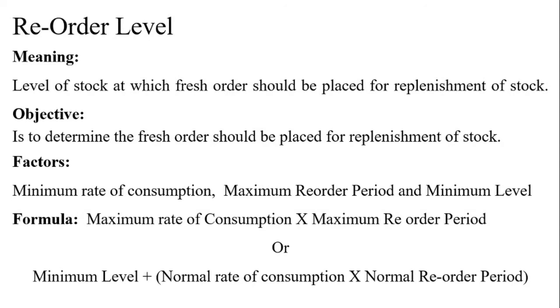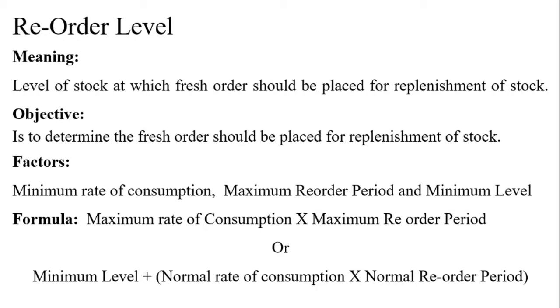Now we will see the reorder level. The reorder level is that level of stock at which a fresh order should be placed for replenishment of stock. Whenever the stock gets low, that means when we are reaching the minimum stock level, there is a buffer stock with the firm. Above the buffer stock, we fix the minimum stock level.